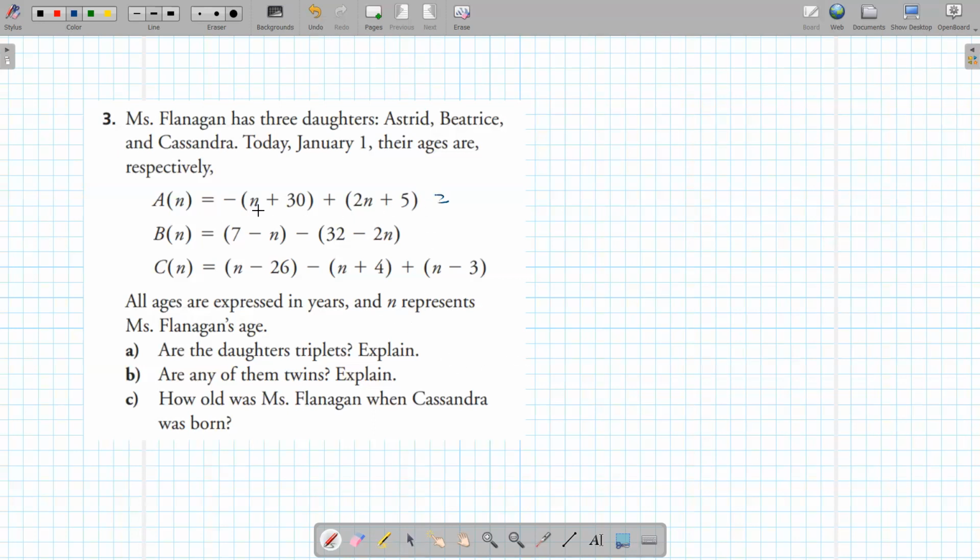Let's open the first bracket here. This negative sign applies to the n. It also applies to the 30, like that. Collect like terms. What does this simplify to? Negative n plus 2n is what?